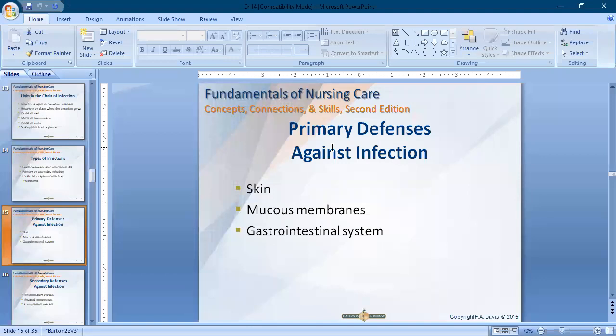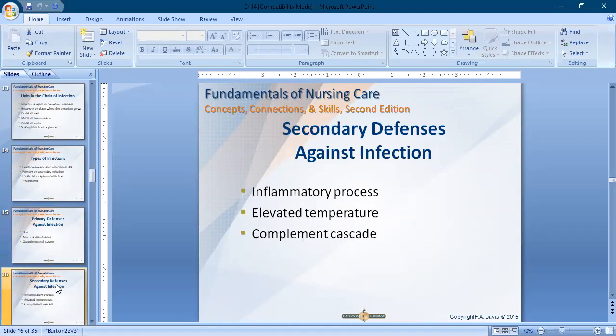This acid can kill the bacteria that get inside with the food. So these are protective mechanisms.